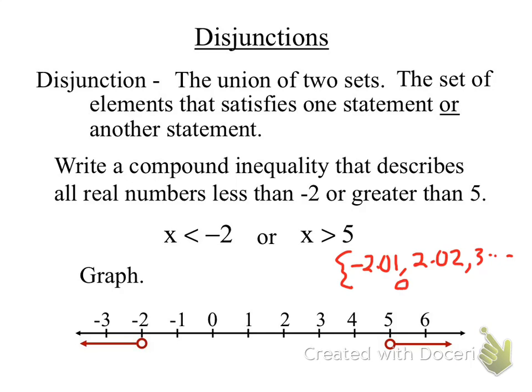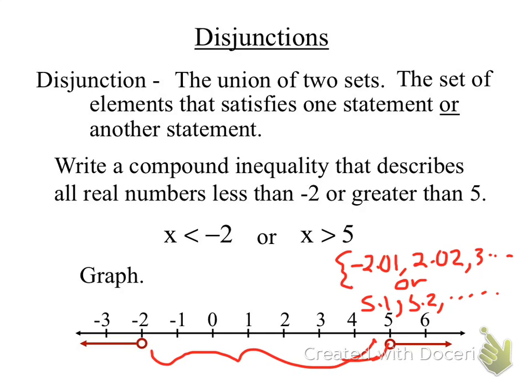And or 5 and 1/10, 5 and 2/10, so on and so forth in that direction. But not these right in here. These are not included in that number set. Does that make sense?